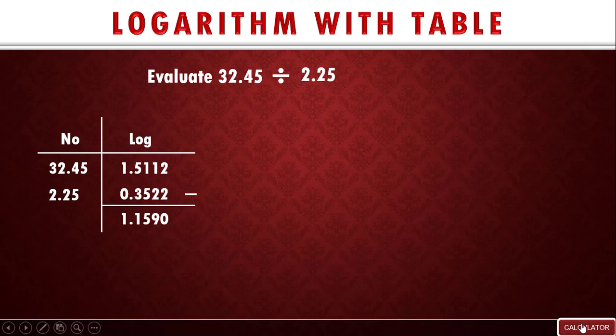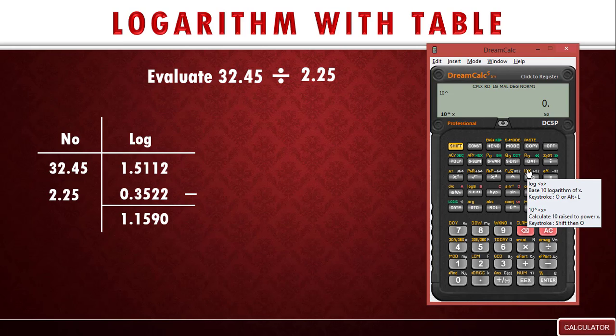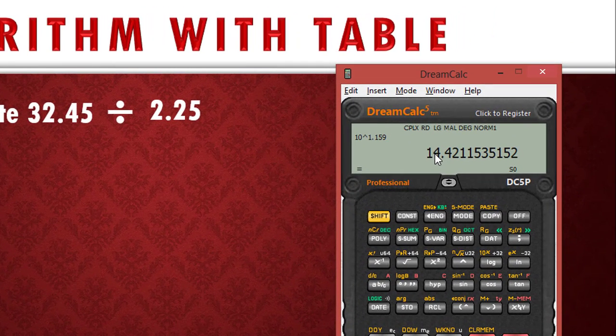So press the calculator now, and then shift log, that's where we have the antilog. Then press the number 1.1590, press equals or enter, and that is giving us 14.42.